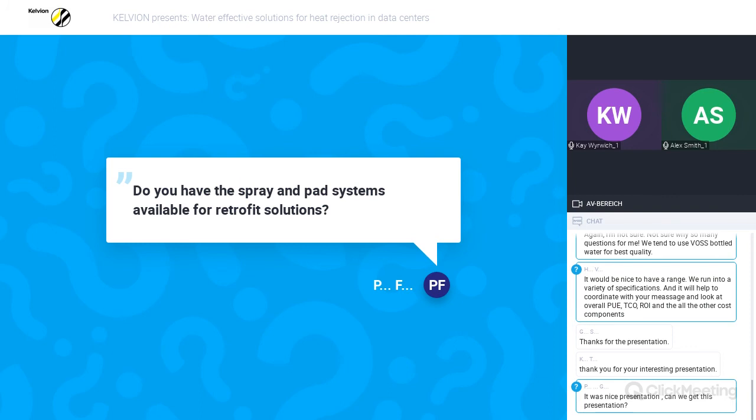So like I said, the pad systems that we have are retrofittable options. I think we're dealing with a few at the minute which are intended for retrofit, and they're a good option for sure. Pad systems often can have quite a high capex. So sometimes, depending on when your installation is in the year, you can offset some of that cost by having a retrofit solution later on in the future.